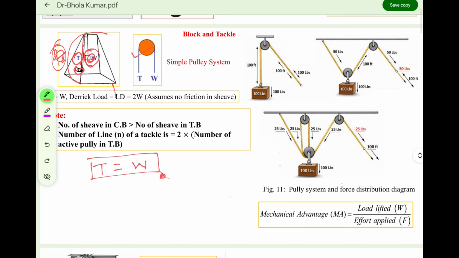And so what could be the total load acting on the derrick? Just remember this thing.